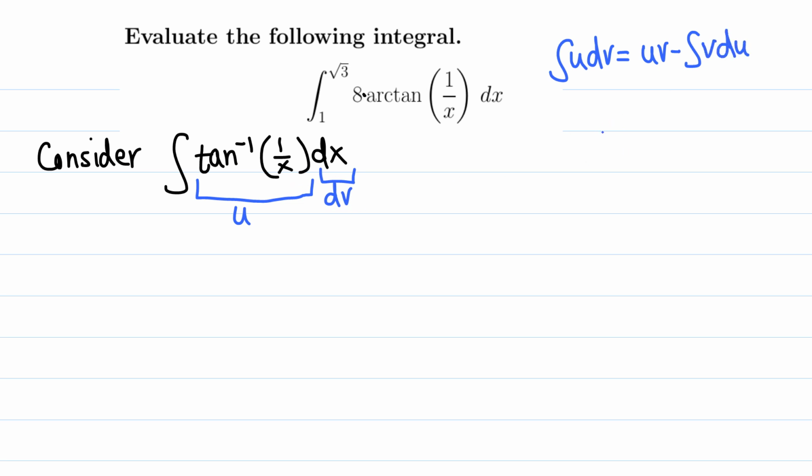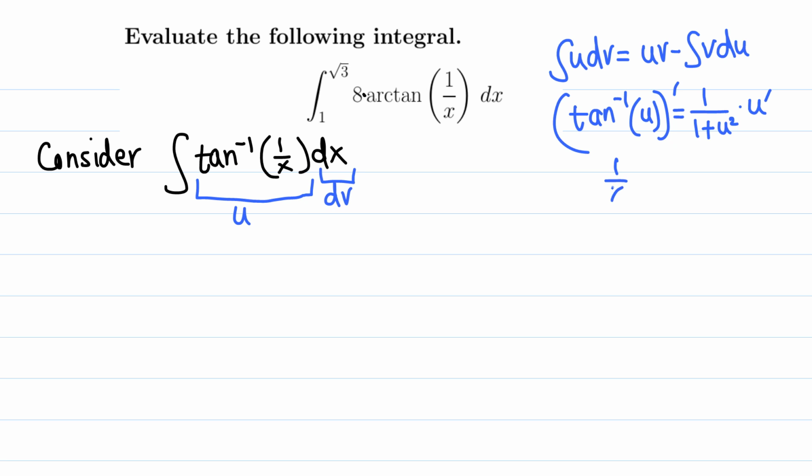Let me recall the derivative of tangent inverse of some function u. When we find the derivative with respect to x, that's 1 over 1 plus u squared, times, from the chain rule, the derivative of the inside function, du/dx.